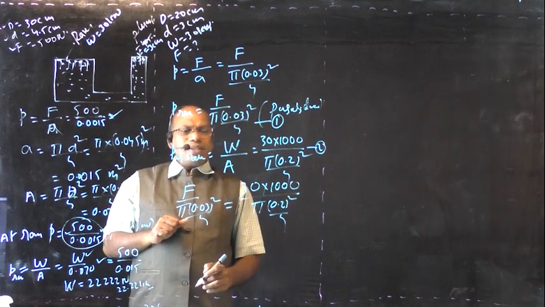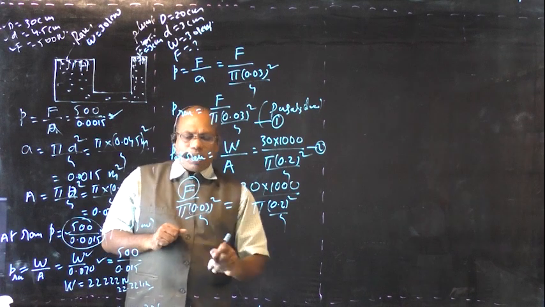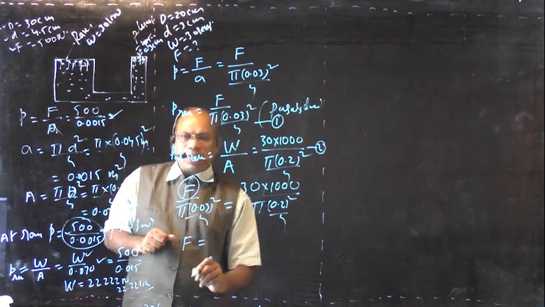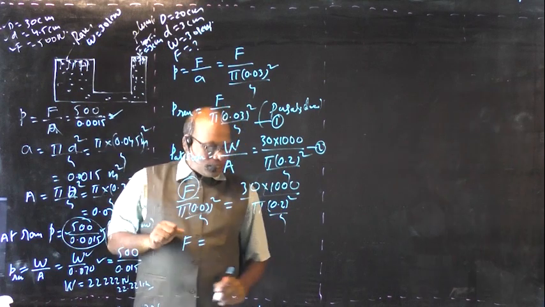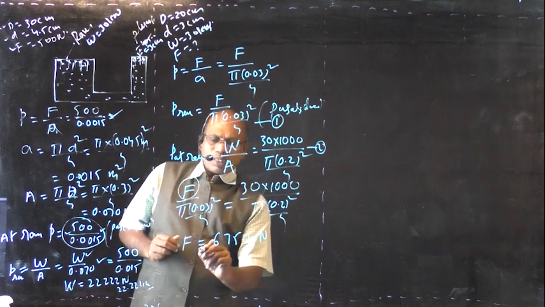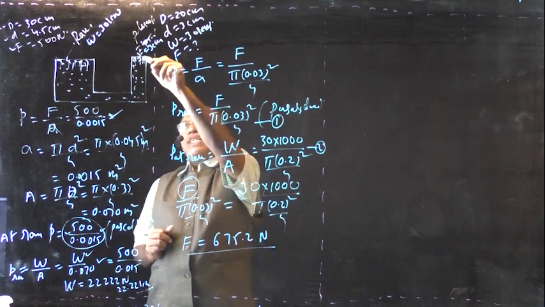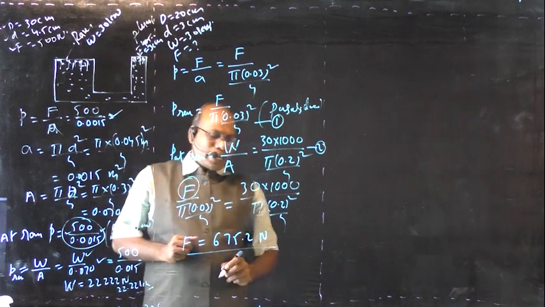In this equation, only unknown is F, all others are known parameters. Therefore, the force required at the plunger to lift the 30 kilonewtons force at the ram is 675.2 newtons. This is the force required at the plunger to lift the 30 kilonewtons weight at the ram.